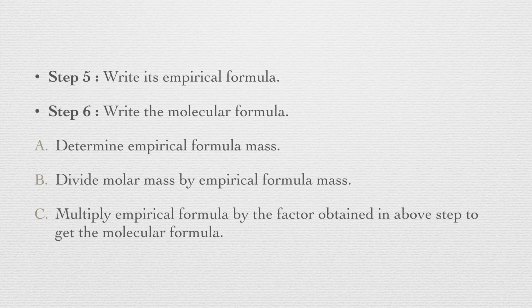Over here you are going to do 3 steps to find out the molecular formula. The first thing is you have to find out the empirical formula mass. Next you are going to divide the molar mass by empirical formula mass and you will get a factor. And finally the molecular formula can be calculated by multiplying the empirical formula by the factor R.